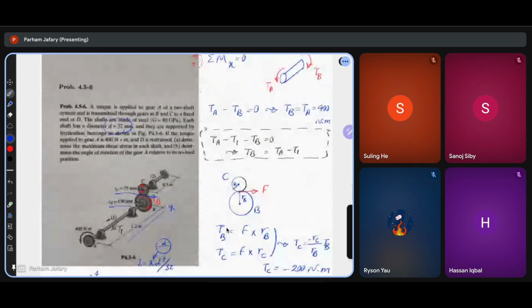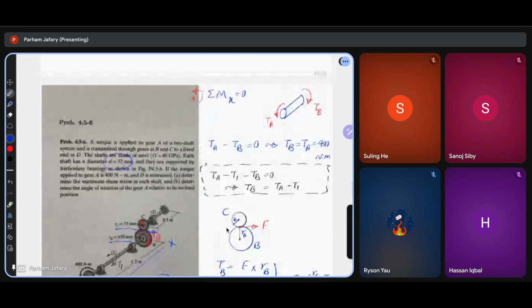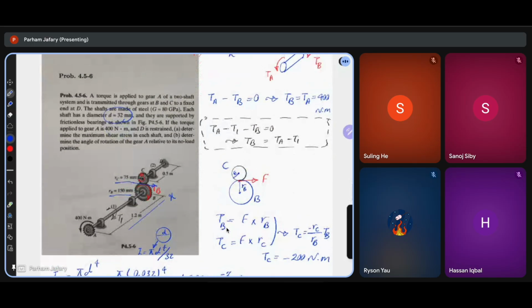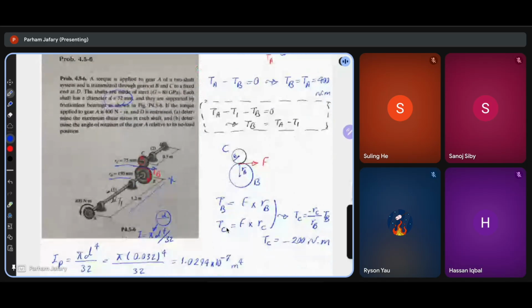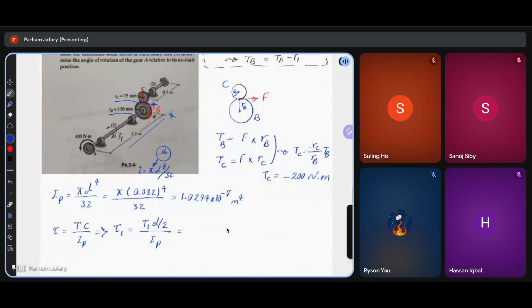Substituting the values, T1 is equal to TA, so 400 times 0.016 divided by 1.0294 times 10 to the power of minus 7.